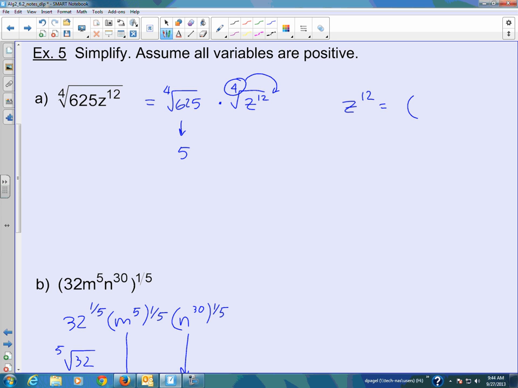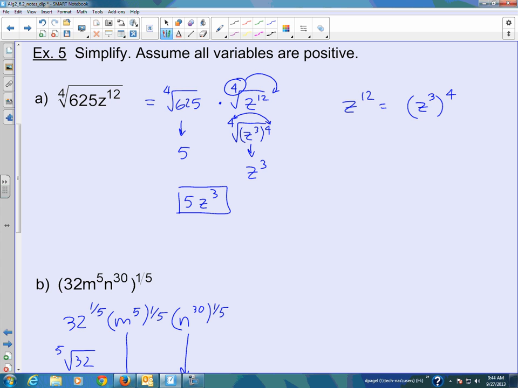Can I write it so that I get a 4 out here? Z to the something would give me 12. Well, if it started as z cubed to the 4th power, that gives me z to the 12th. So if we look at this as the 4th root of z cubed to the 4th power, now my root and my power number match. All that comes out of this is z cubed. And my answer would simply be 5z cubed.